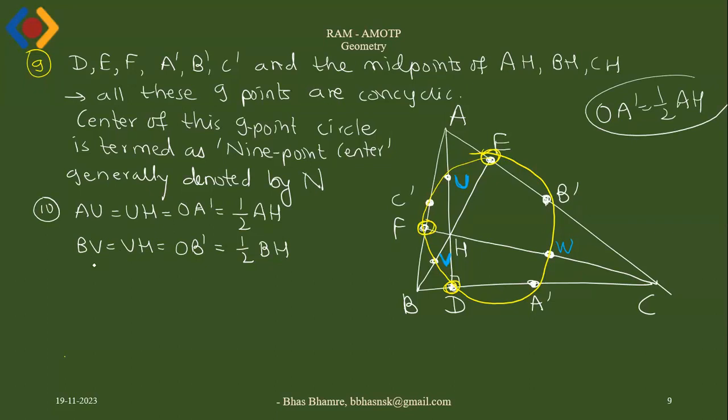And CW equals WH equals OC', which is half CH. That is actually a corollary result, but I mention it separately now.